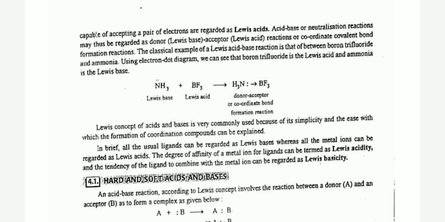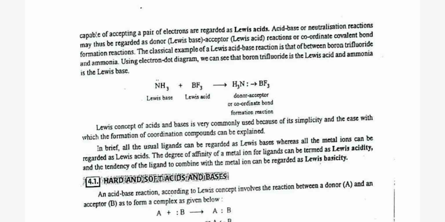Acid-base or neutralization reactions may thus be regarded as donor, Lewis base, acceptor, Lewis acid reactions or coordinate covalent bond formation reactions.